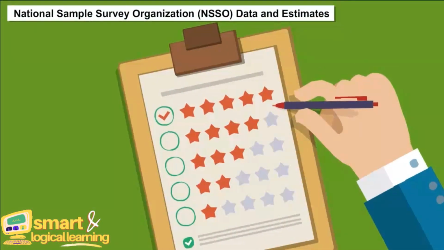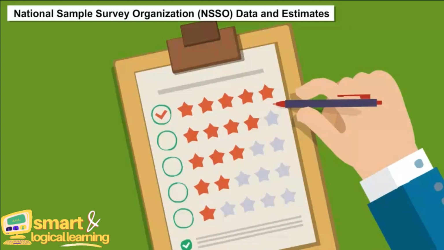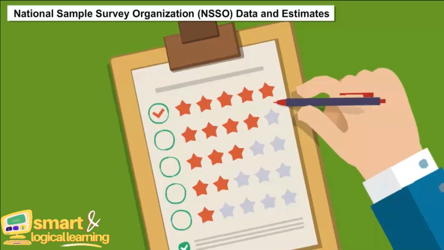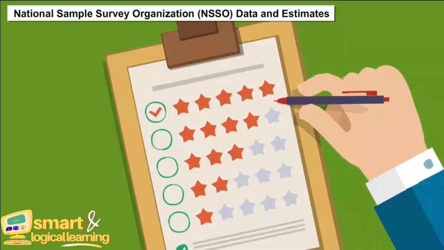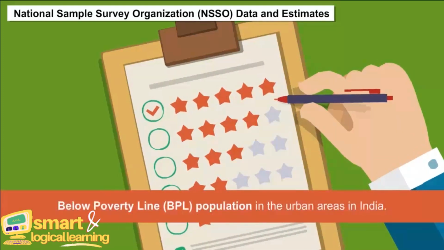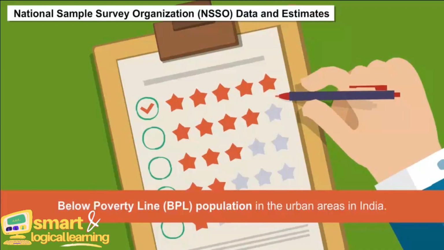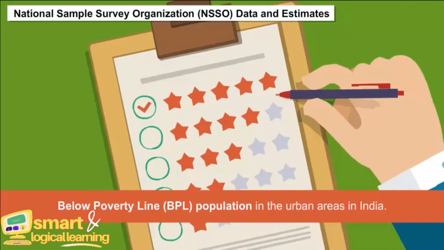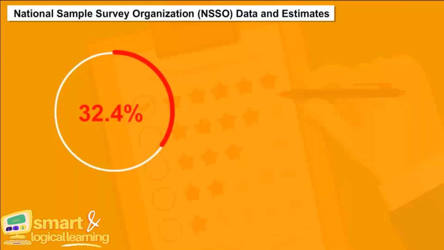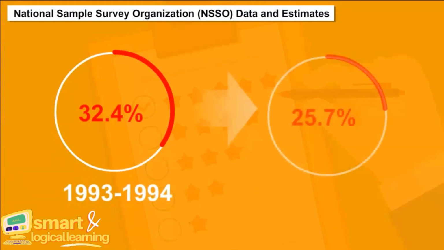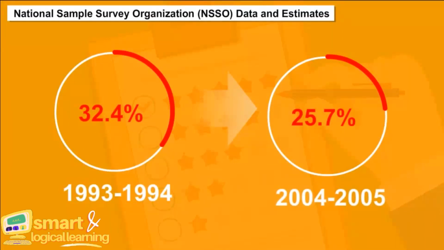National Sample Survey Organisation or NSSO data and estimates. The percentage of below poverty line or BPL population in the urban areas in India has declined from 32.4% in 1993-94 to 25.7% in 2004-2005, based on Uniform Recall Period.